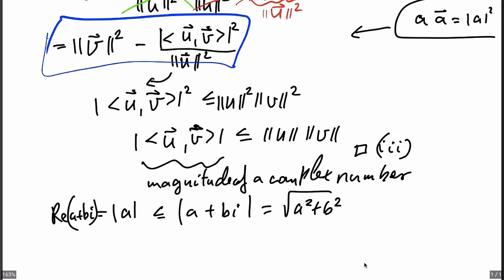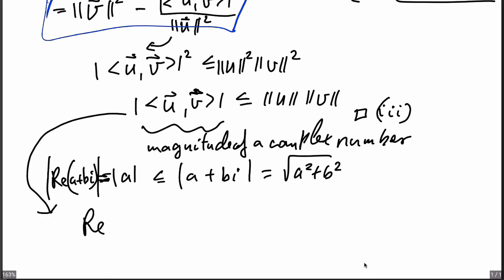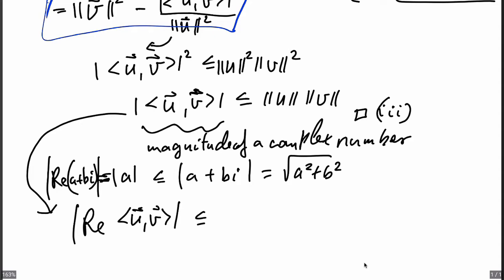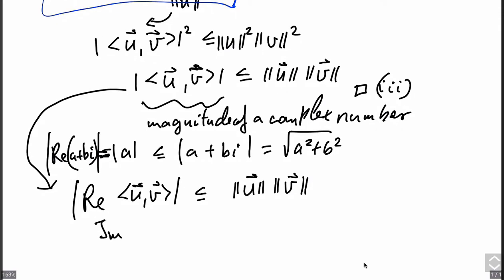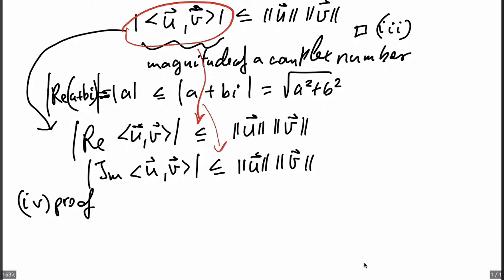For this reason, and because sometimes we work with complex numbers but really want to compare only the real part or the imaginary part, the way we use this is that the real part of the UV inner product, in absolute value, is less than or equal to the U norm times V norm. And actually the same thing is true for the imaginary part. So the real part can be used to prove the property 4, the triangle inequality.